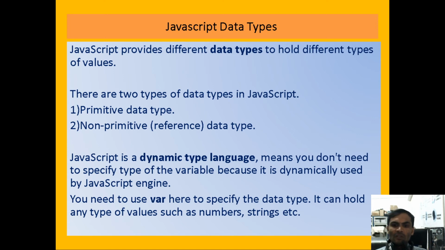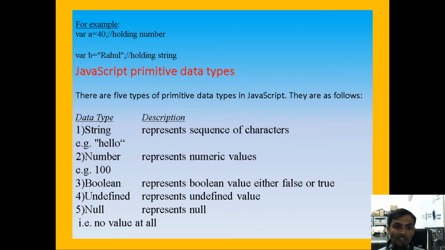We are not defining the data type; at the time you run the application, the JavaScript compiler itself defines it. That is why it is a dynamic type language.